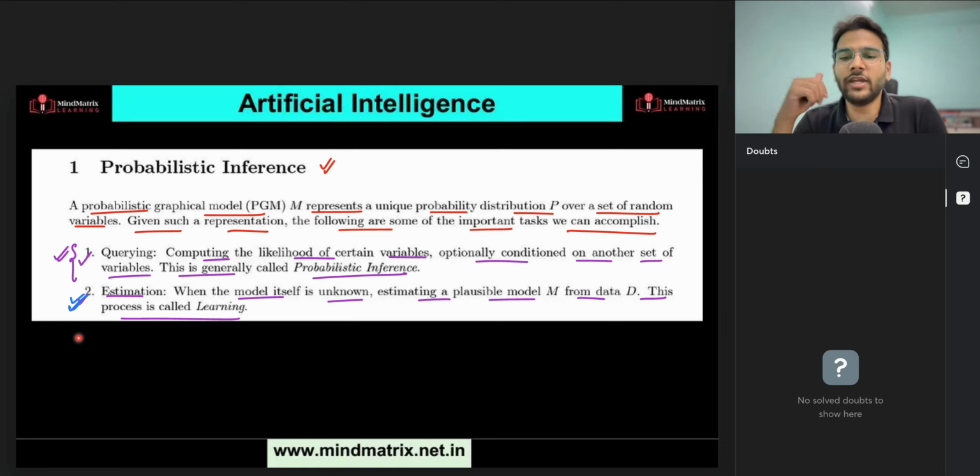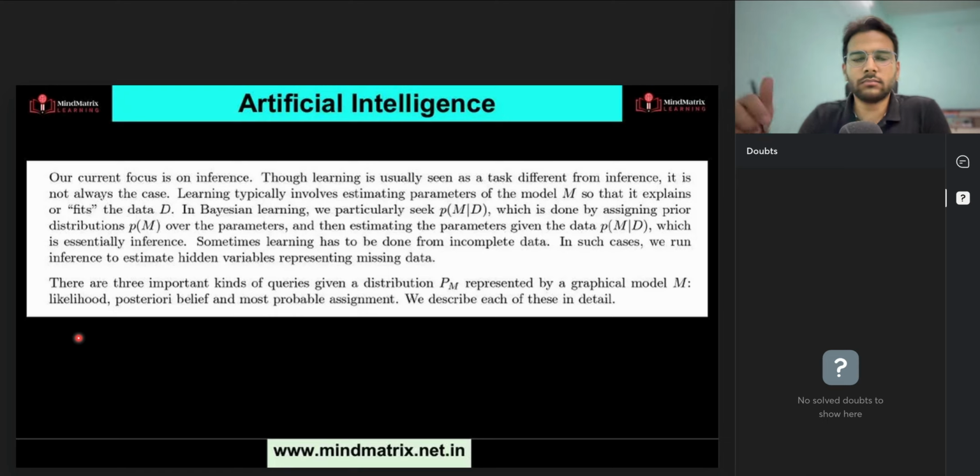So we talked about that, right? We can estimate it and we can train our model. Basically we use EM, that is expectation maximization, and this Baum-Welch algorithm. That is not important from your exam point of view, but you should just know that it exists. There we try to learn, we try to estimate the probabilities of the model.